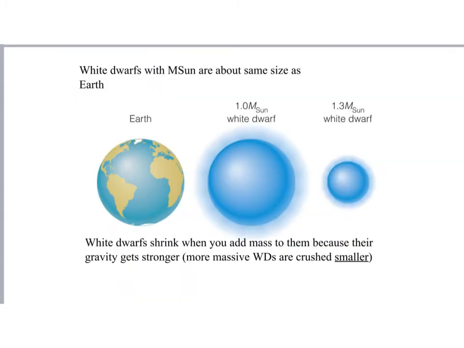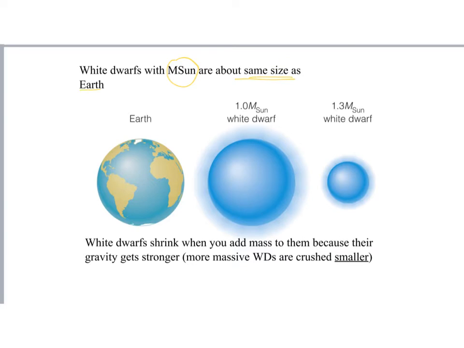So, white dwarfs have some really interesting properties. For example, you take a white dwarf that has as much mass as the Sun, and guess what? Its size is going to be about the same size as Earth.